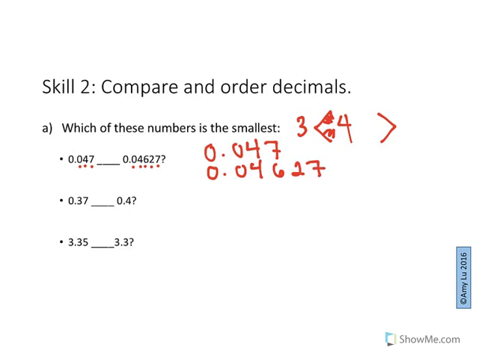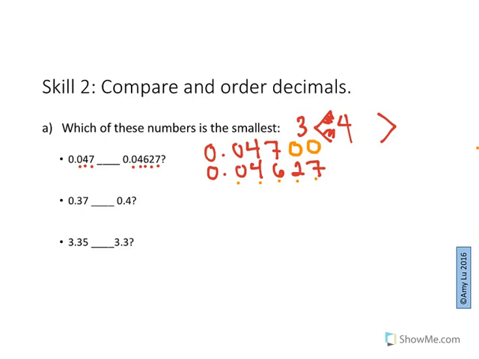Sometimes we have a tendency to think the one with more numbers is the bigger one, but not necessarily. To make this an easier comparison, I want to make sure there's a total of 5 numbers behind my decimal, since that's the longest number sequence in this case. So I'm going to fill in my empty gaps in the top number with zeros, because it's okay to add zeros behind a decimal.